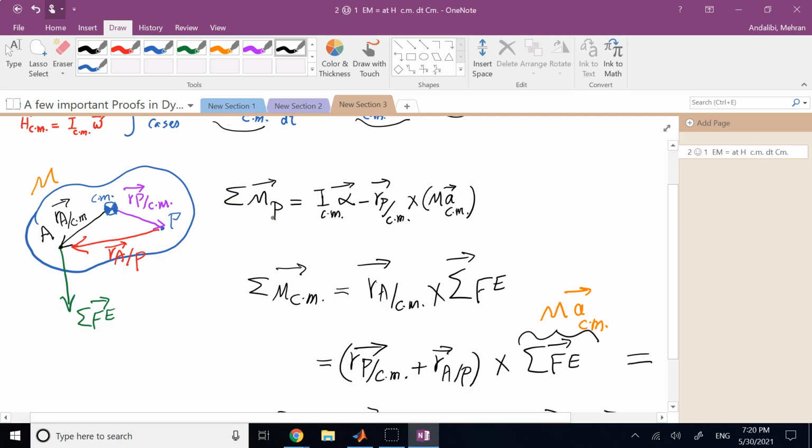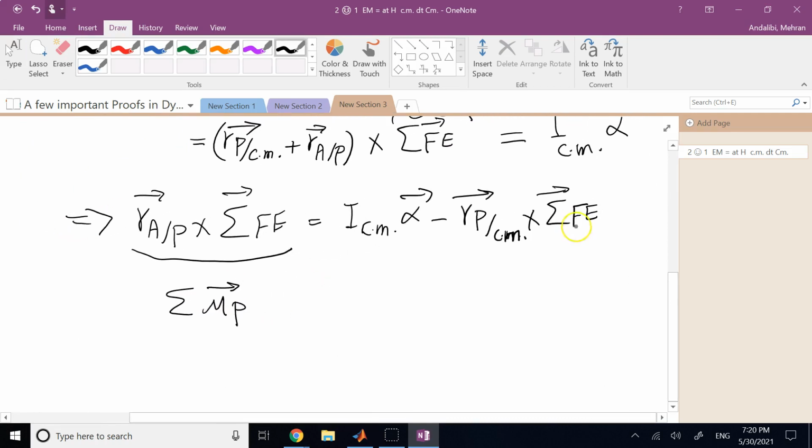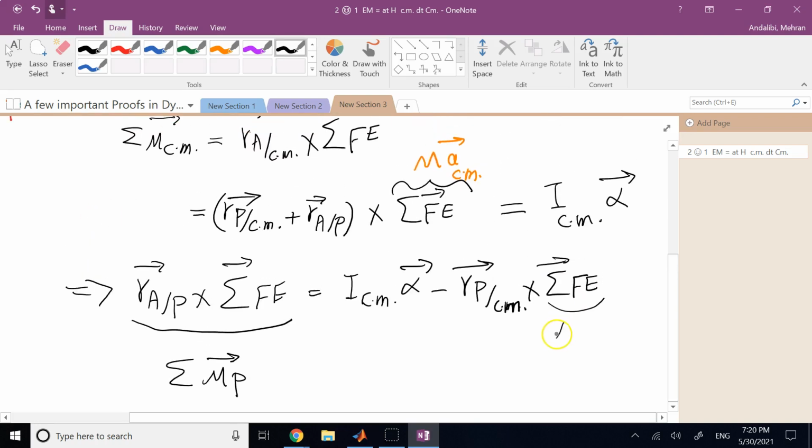Correct? So this term is clearly summation of the moments about point P. Good. And what was the summation of the external forces here? If you remember, that was m times ACM.